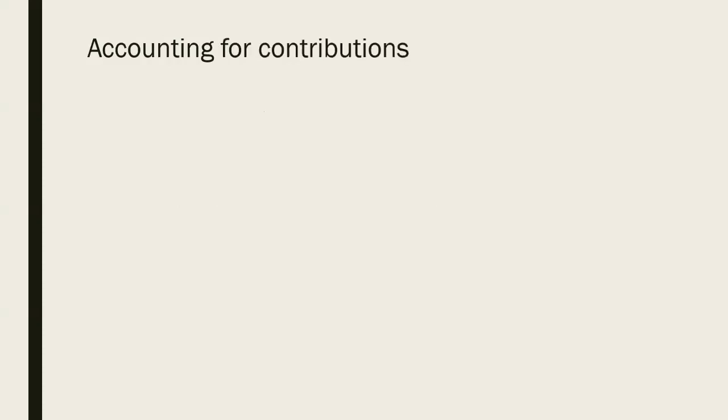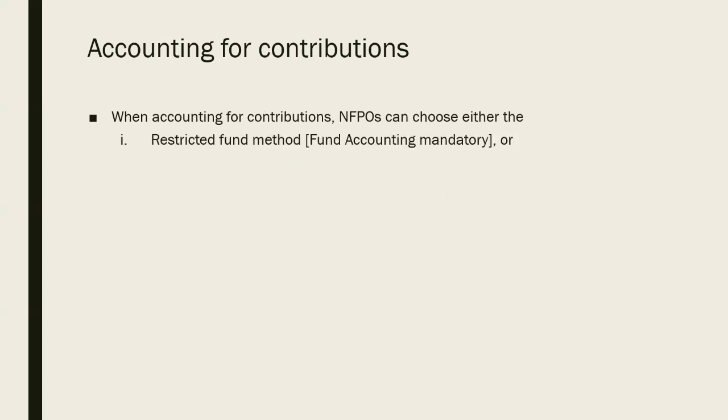Now, when the not-for-profit organization decides to account for contributions, the society can choose one of two methods: the restricted fund method, where fund accounting is mandatory, or the deferral method, where fund accounting is optional.